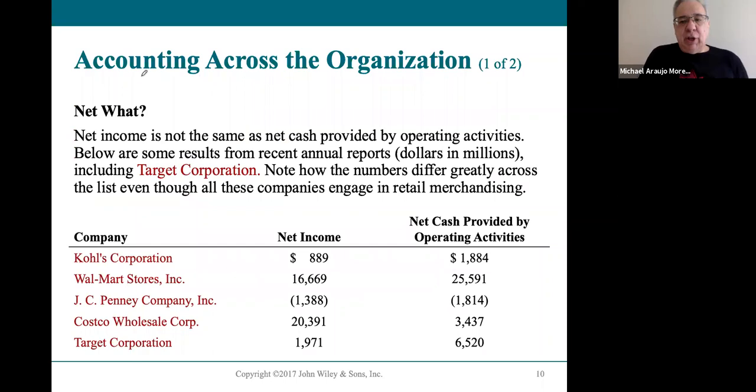So this is one of the things you're going to be learning in the next objective, is that net income is not the same as cash that's provided by the operating activities of a business. And learning objective 2, which we'll get to next time, really pushes this in detail.